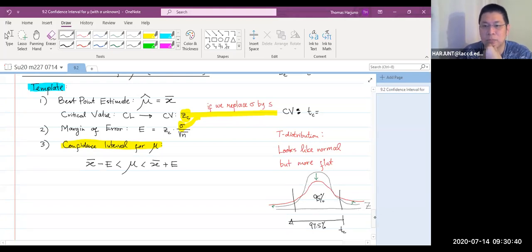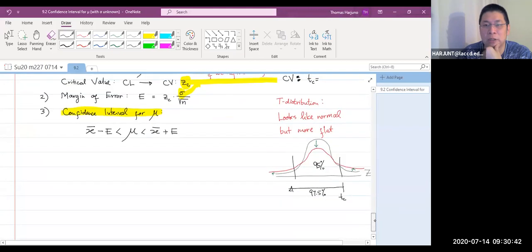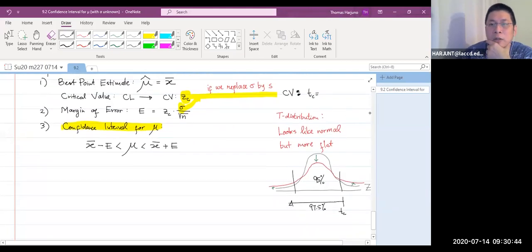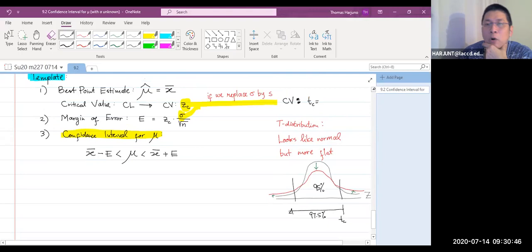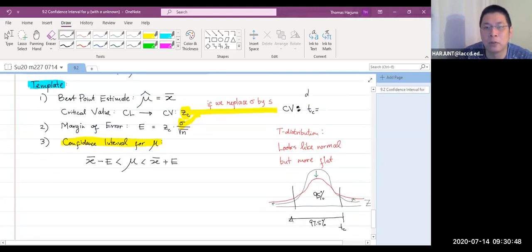For T critical, there's something called degrees of freedom, denoted by df, which is n minus 1, sample size minus 1.